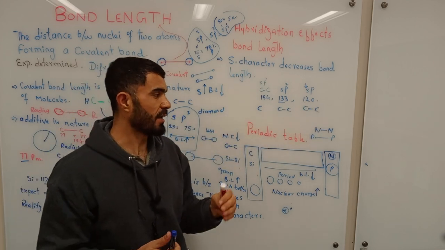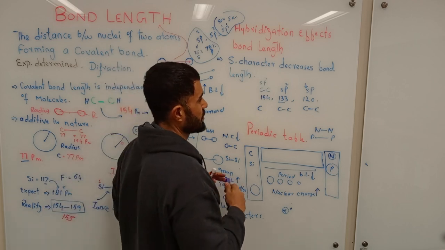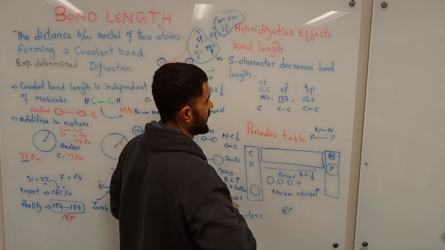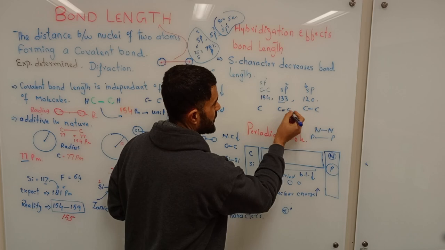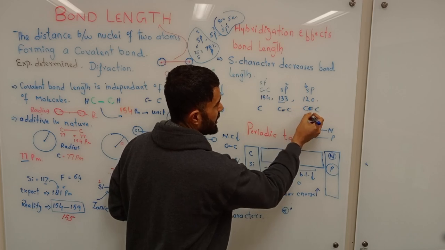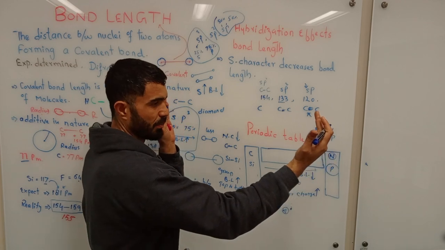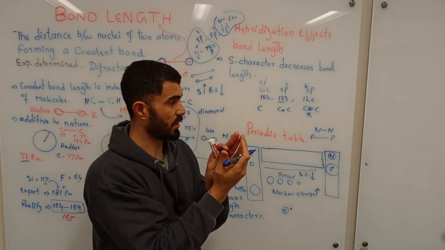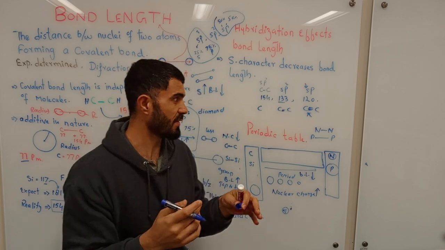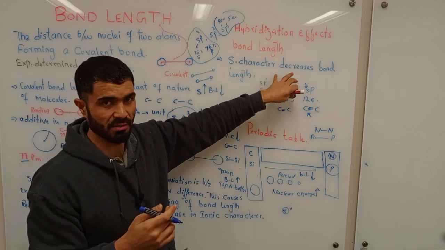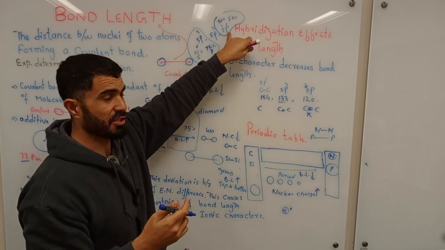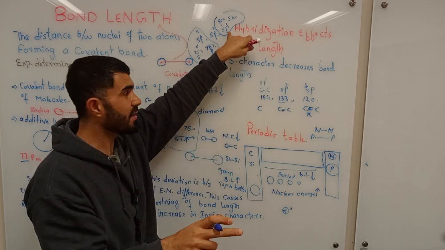This is the reason. And of course, when you come to sp, there is a triple bond, so pi electrons also come. The pi electrons also tend to bring the two atoms close together, so we should remember this as well. So this was the case of hybridization. sp hybridization, shorter bond length.